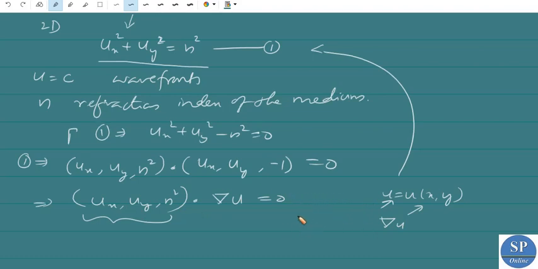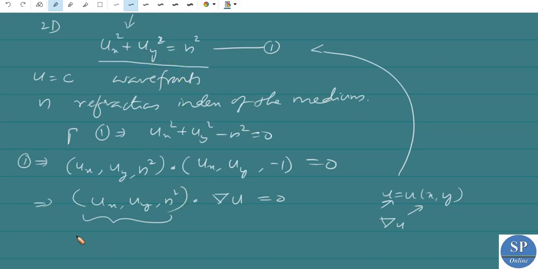To verify this argument algebraically, we write the equations for the x and y components of the characteristic curve and check that the equation for the u component is consistent with our eikonal equation 1. That means we are taking the x component and y component of the characteristic equation and checking that the u component is consistent with the eikonal equation.